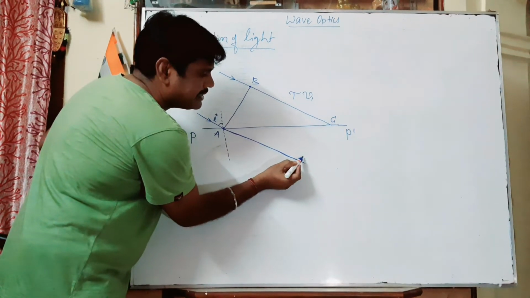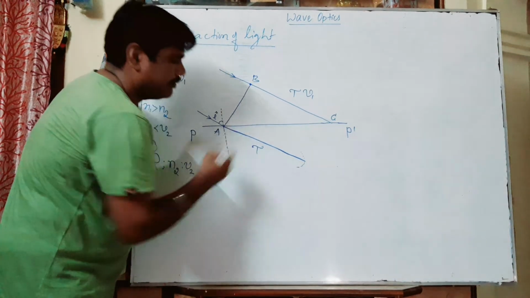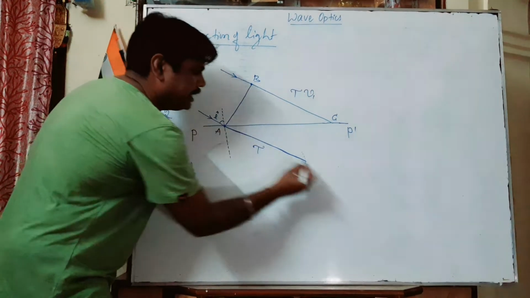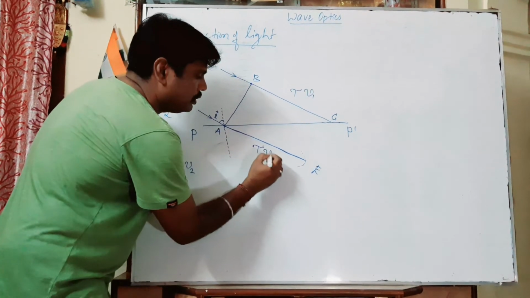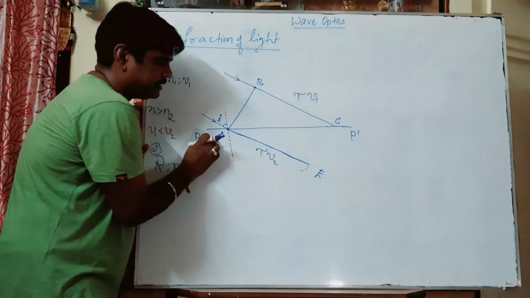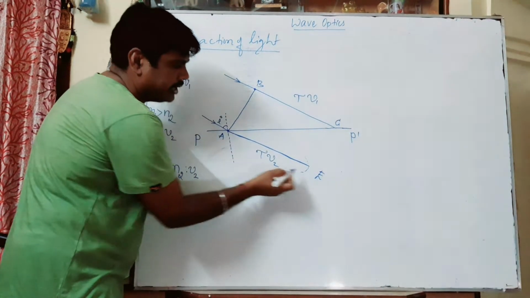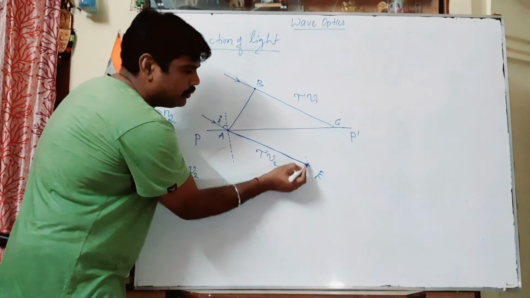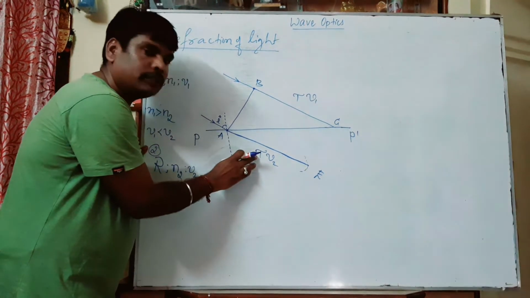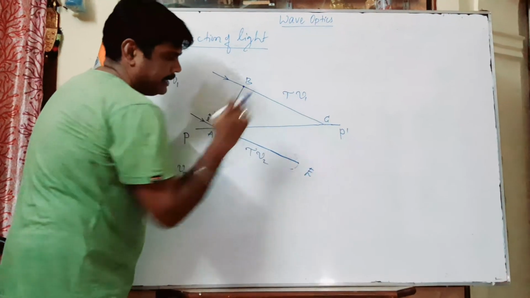This is how far the first disturbance can reach at time tau. With this time, the distance from A to E is equal to V2 into tau, since distance, or displacement, is velocity into time. So this is where the secondary wavelets reach in the rarer media at time tau, which is the same as the time from B to C.